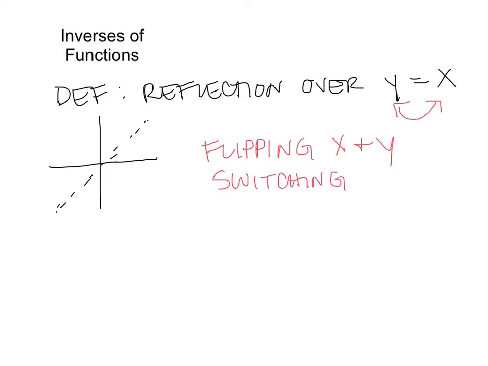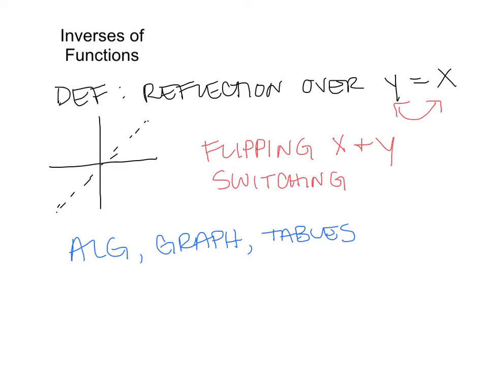You can do inverses of functions algebraically, which is the best way, and graphically, by reflecting over that line. Or you can think about it in terms of tables by flipping x and y, and that's going to invert it. You're inverting the function. We'll look at some examples of inverses of each other in some of the following slides.